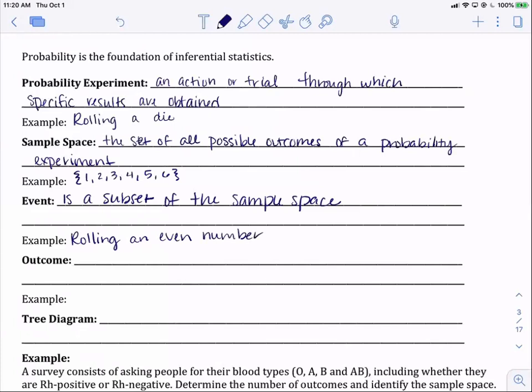Okay, so rolling an even number is our event. If that's our event, what are our possible outcomes? What could we get? What would make that true? 2, 4, 6. So there's our subset.